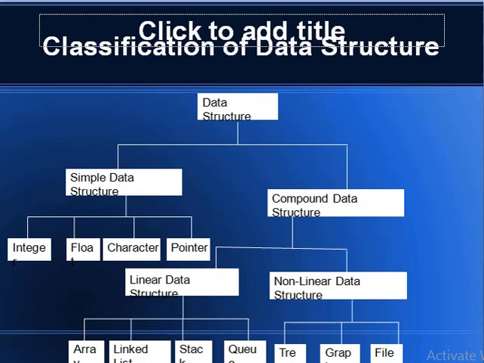The types of linear data structure are array, linked list, stacks, queues, etc. Whereas non-linear data structure includes trees, graphs, files, etc. This is the whole classification of data structure.